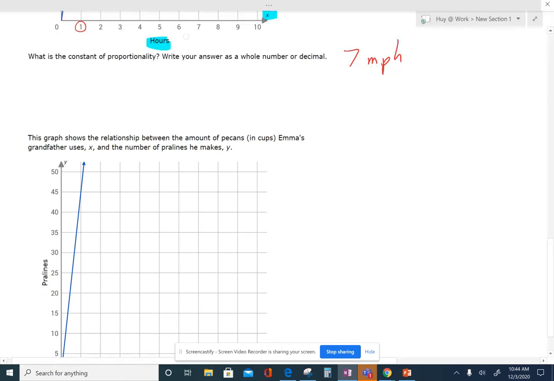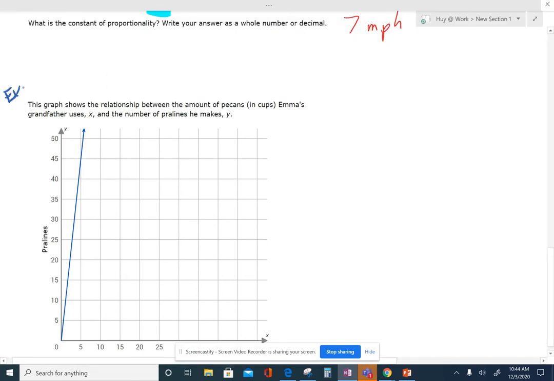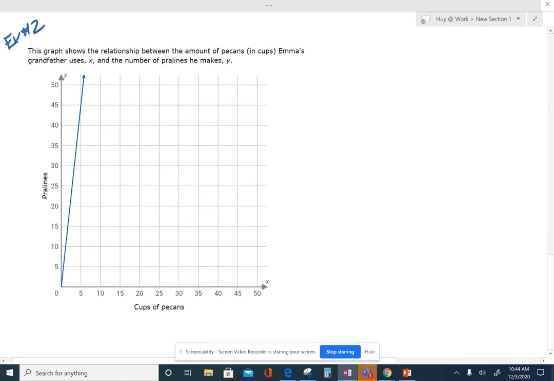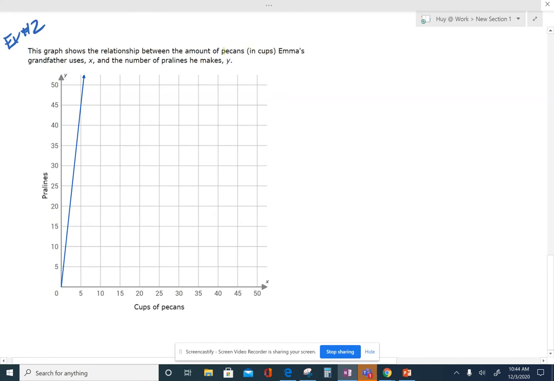All right, let's look at example 2 now. Sorry, I gotta label this as example number 2. So this graph shows a relationship between cups of pecans, and that's x, and the pecan pralines that he makes, which is y.